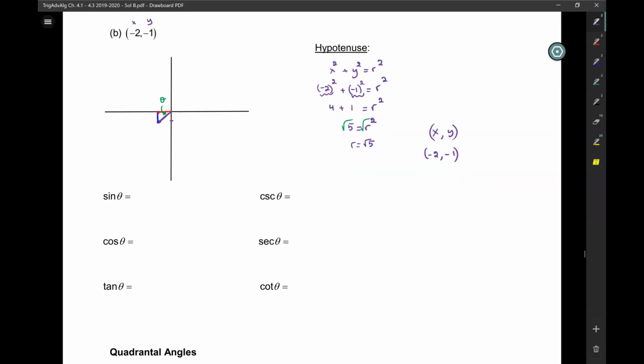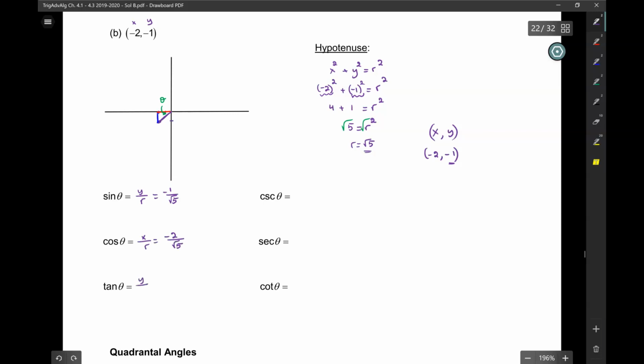All right, so let's go. Sine is y over r, negative 1 over root 5. And that's good enough for me. Cosine is x over r, negative 2 over root 5.